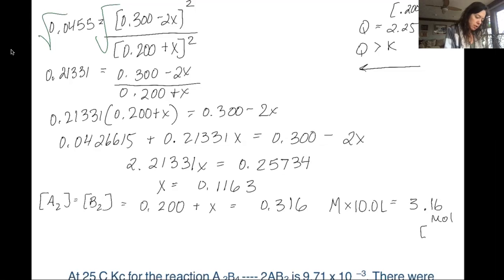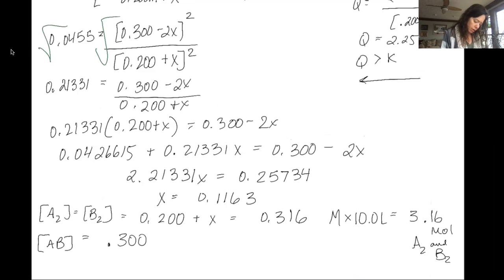Nope, no brackets. Of A2 and B2. Okay. Then the concentration of AB we said was equal to 0.300 minus 2 times 0.1163.